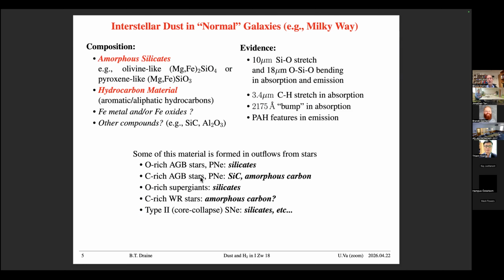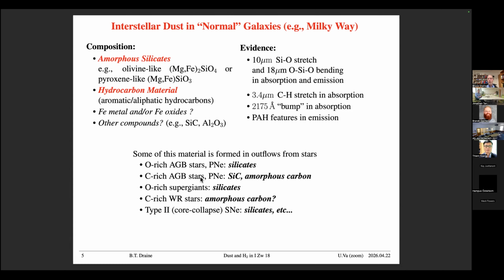Okay, so let me remind you about what we know about the composition of dust in a galaxy like ours. At this point in time, I think we know quite a lot about what the composition of dust is in our galaxy and in the few other galaxies where we have pretty good ability to study it, but mainly based on the Milky Way.